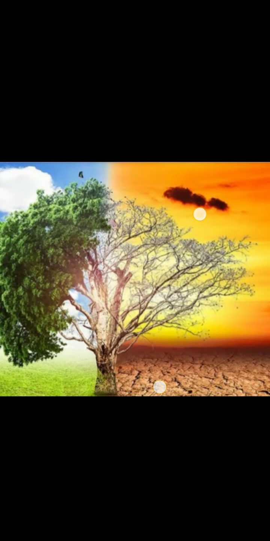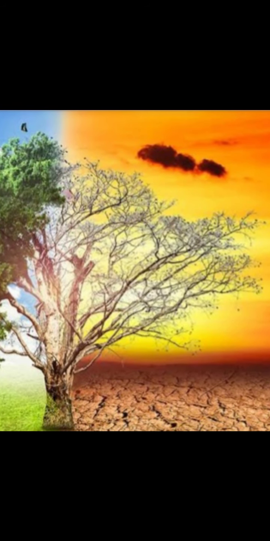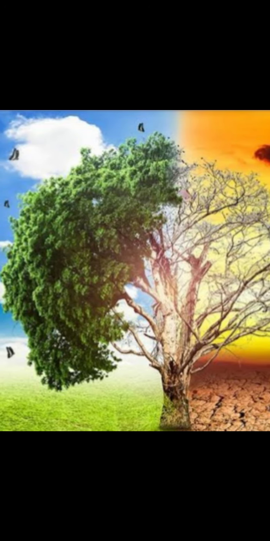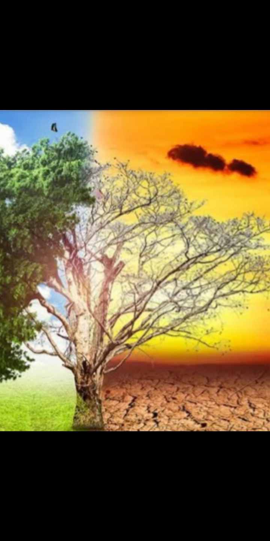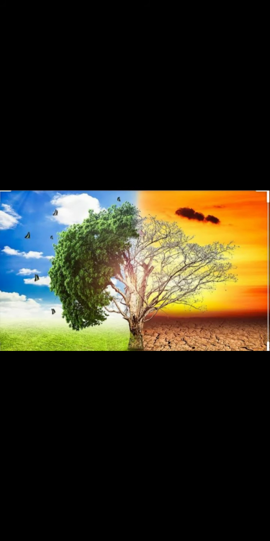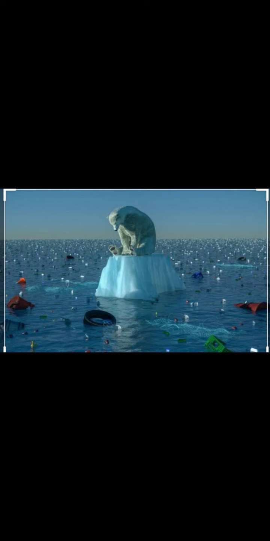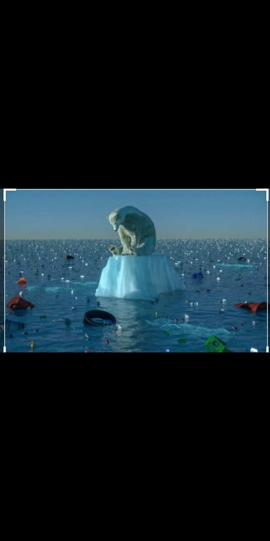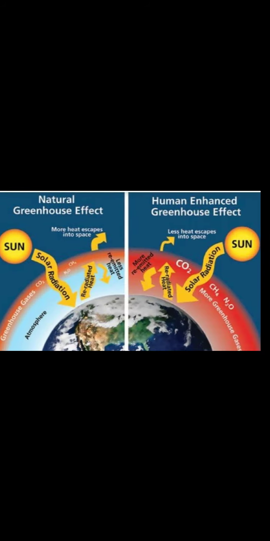So the trees which were used to this environment, this air, change, and the structure starts to change. Because of this, in every part of the world, in the region of Antarctica, where there is a continental glacier, it starts melting, a sudden change of environment.